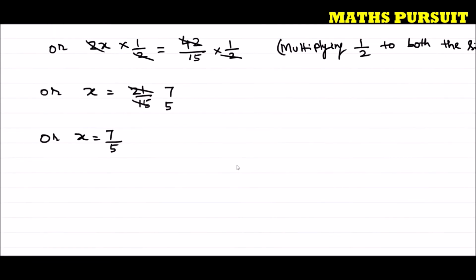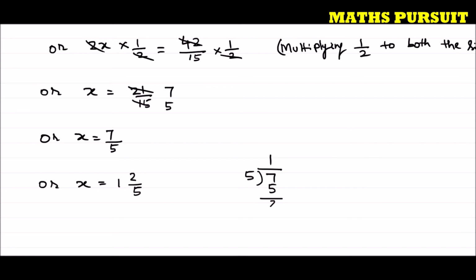Or in other words, I can write x is equal to 1 2 upon 5. How? If we divide 7 by 5, 5 ones are 5.